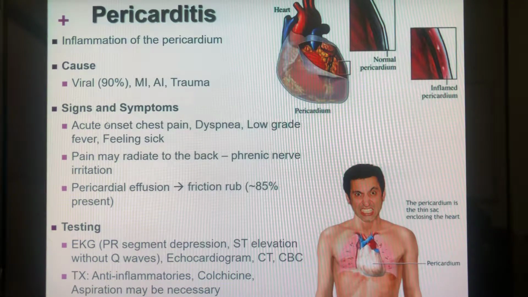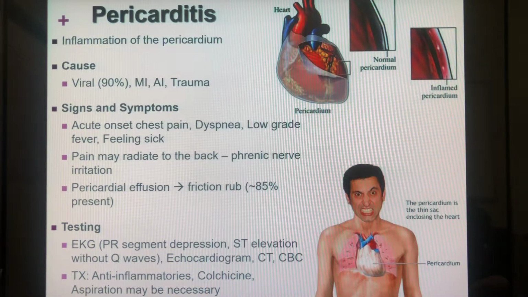Anyway, so as you can see here from the signs and symptoms, you get acute onset chest pain, meaning it's coming on pretty fast. Difficulty breathing, obviously, because again, if the heart cannot contract and expand, it can't go through systole and diastole as well because of that sac being inflamed and literally impeding the constriction and dilation of the heart.